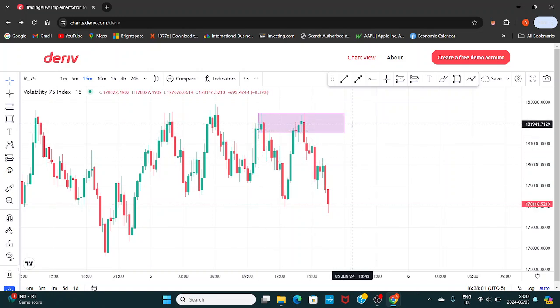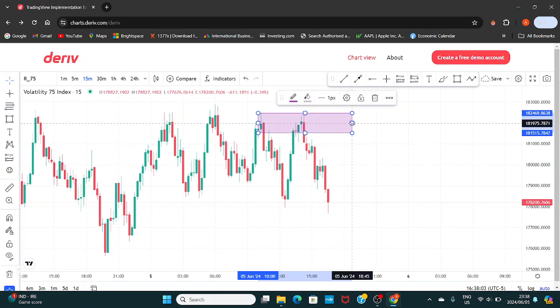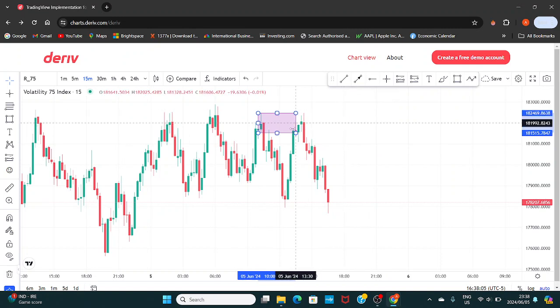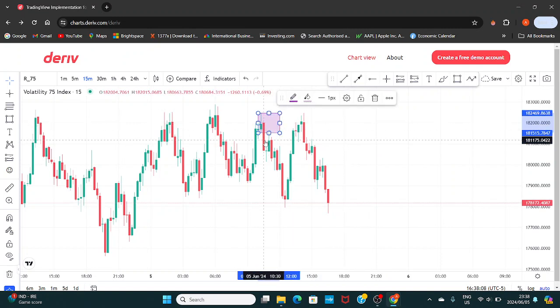So now, looking at this, this is what I call an order block, marking this area between this candlestick and this bearish candlestick right here. Hope it's making sense, guys. If it's not, just say so in the comment section, then I'll make another video on how to understand it even better.